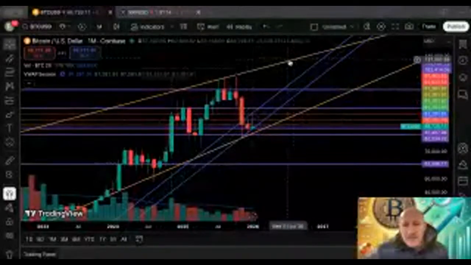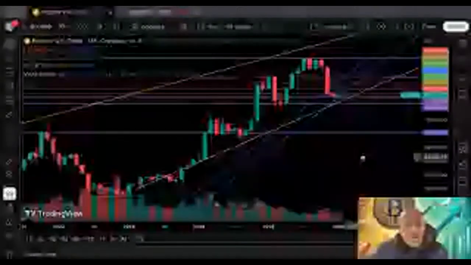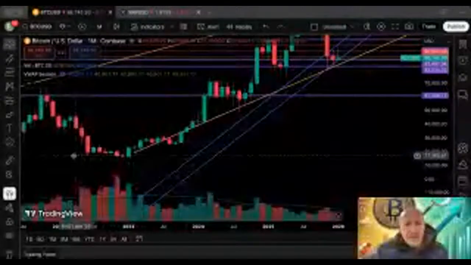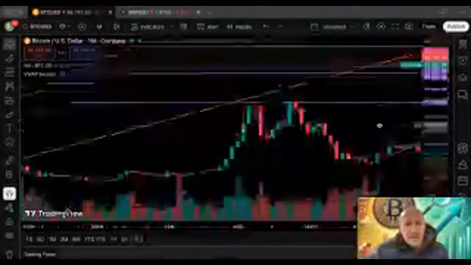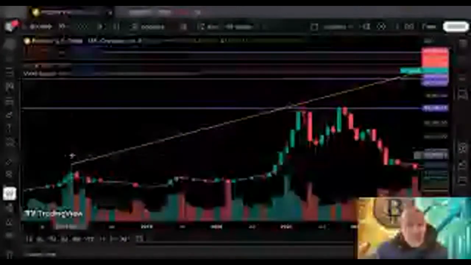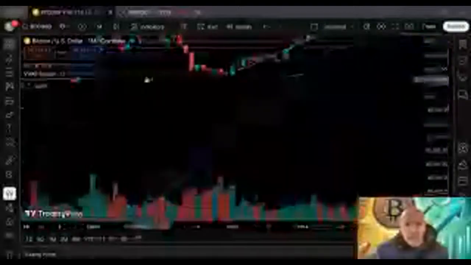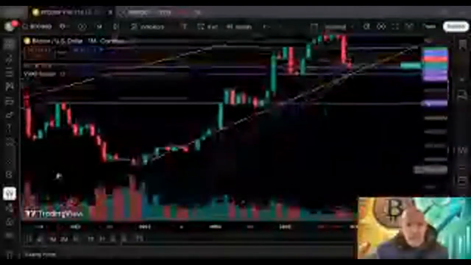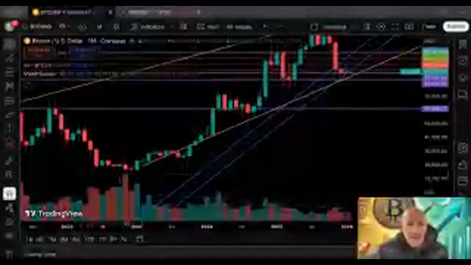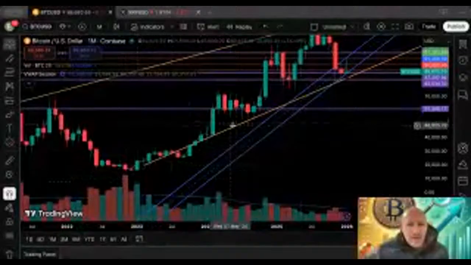We got resistance here and support here going back to the low of 15,000, and to the high of the 2017 bull run. These trend lines have held, and until they no longer hold, we are still in an uptrend, like I said. Now you could adjust these lines, you could make this line steeper, but this is what's called a ray.